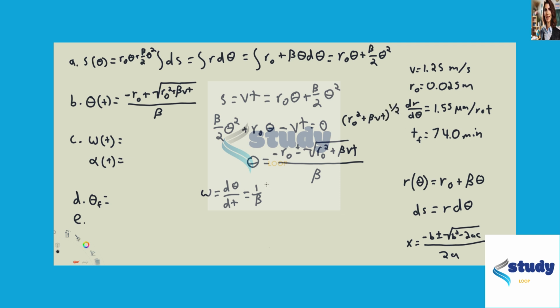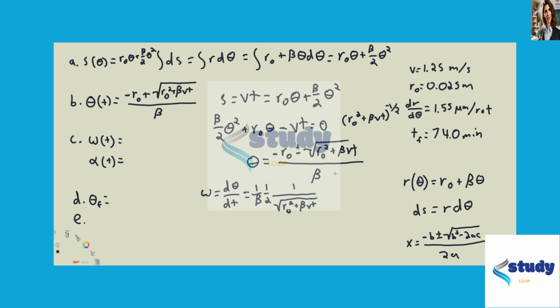I will pull the 1/2 out in front, and then subtracting 1 will turn this into minus 1/2. So that will be the same thing as the square root of the same term, but in the denominator: 1 over the square root of r naught squared plus beta vt.